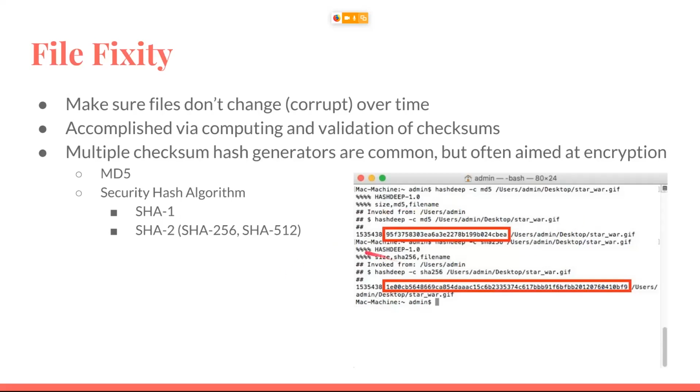If we look here, the difference is basically just this is an MD5 checksum. It's much shorter in terms of the total string of numbers and letters used versus, I think, this is a SHA-256 checksum here. In theory, the longer the string of numbers and letters, actually the more accurate the checksum is in checking fixity.